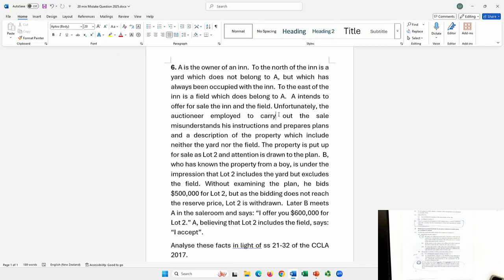What you would also say is, remember it wasn't sold because it didn't reach the reserve price.